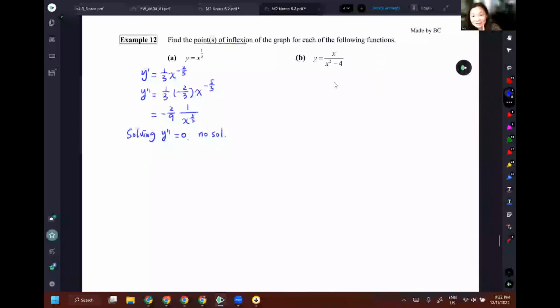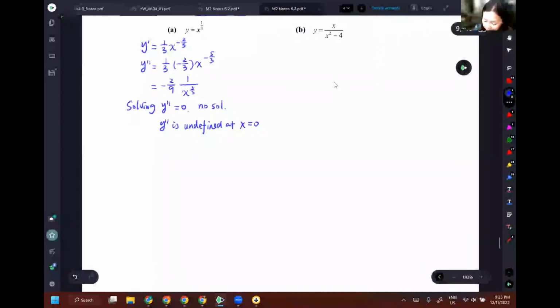Because this second derivative is undefined at x equals 0, and that point can also mean there's a change of concavity. I will check. The signs of y prime prime are as follows.